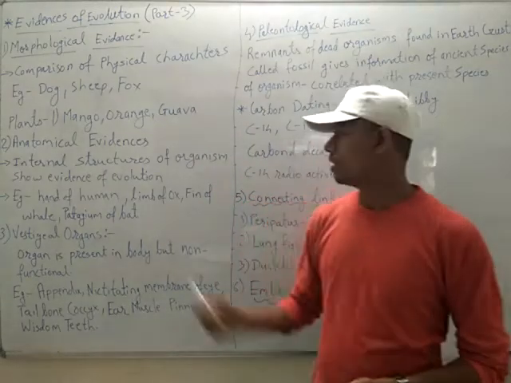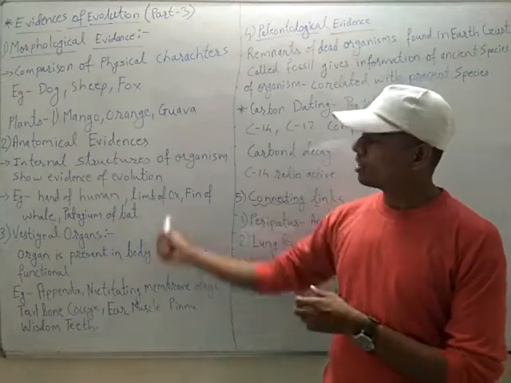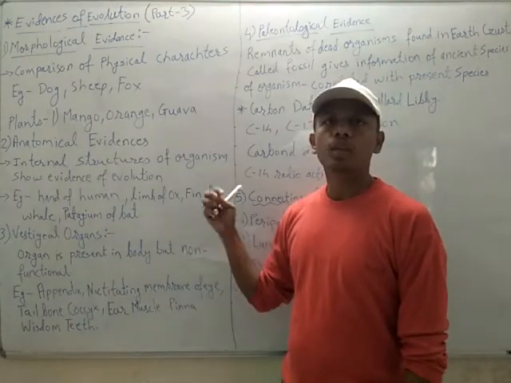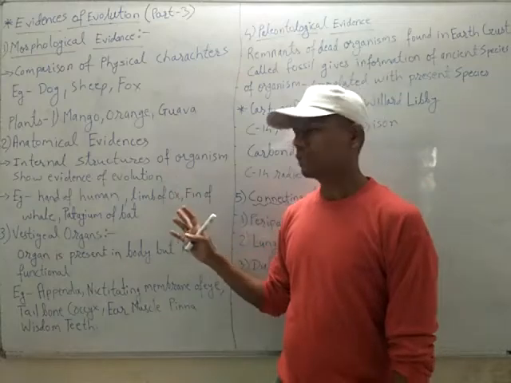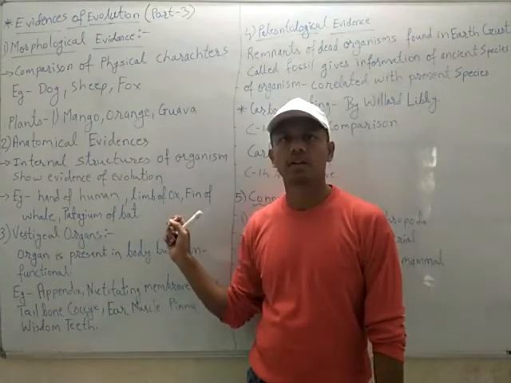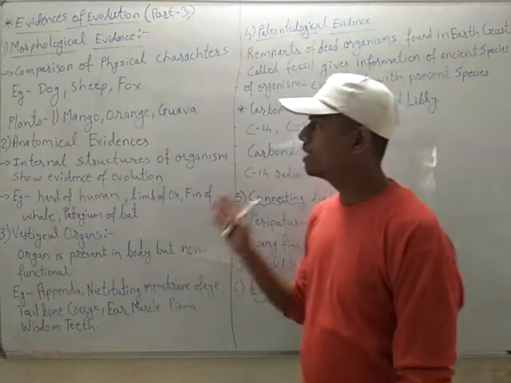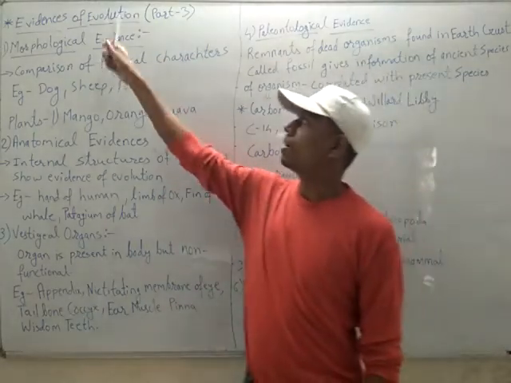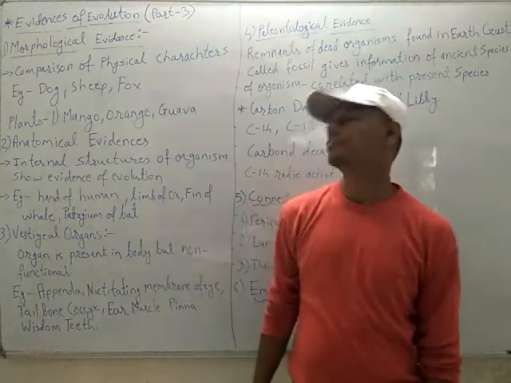That proves that all these different organisms also share one common ancestor. So they evolved from one common ancestor. So this is also the second anatomical evidence which gives information of evolution.